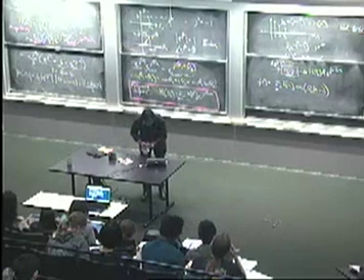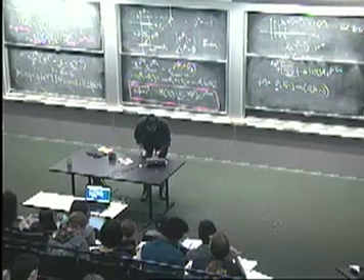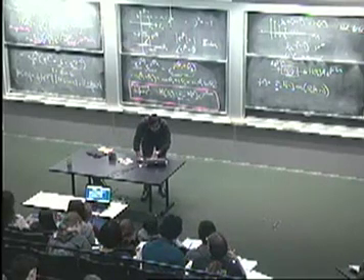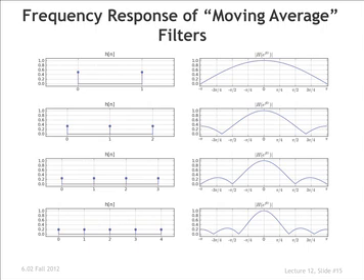So let's see. I think I have that sketched out in one of these. I actually have 3 moving average filters drawn out here. The one that I've just worked out is this case. This is the 3-point moving average filter, height of 1/3 for each of these, at 0, 1, and 2, and everything else is 0. Here is the frequency response magnitude.